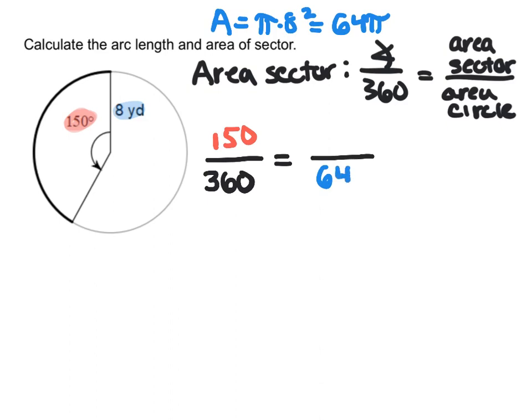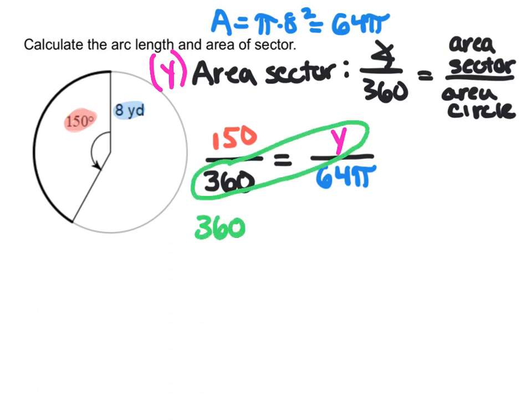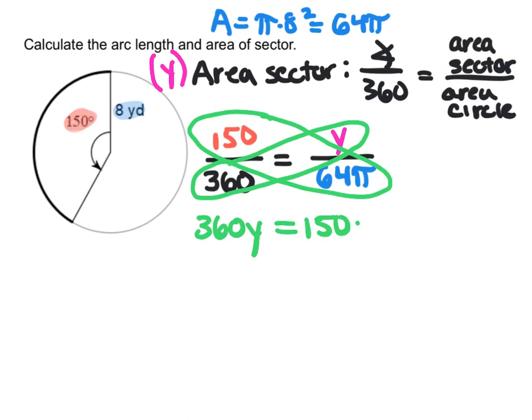So I can put 64 pi in the denominator, and then my numerator is what we're solving for, which in this case is the area of the sector, which I'm going to call y, so I use a different variable, so I'll have a y on the top. Now I have to solve by cross multiplying, so you get 360y equals 150 times 64 pi.